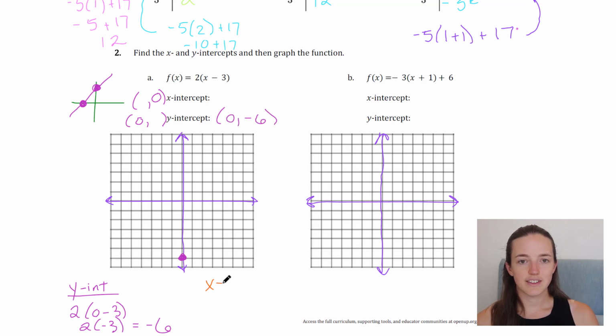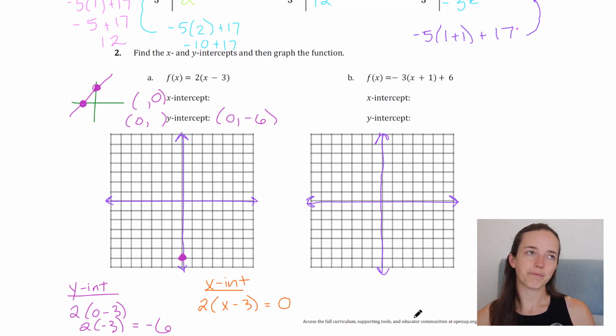Okay, x-intercept. X-intercept is where y is 0, so I need this to all equal 0. If I'm thinking backwards, this is like 2 times something has to be 0. The only way that's ever going to happen is if this right here is equal to 0, so that I end up with 2 times 0.